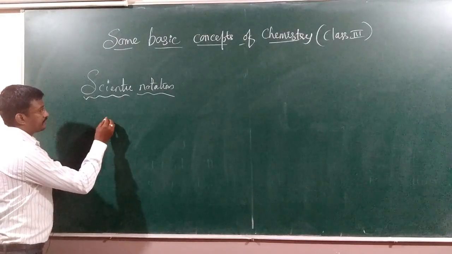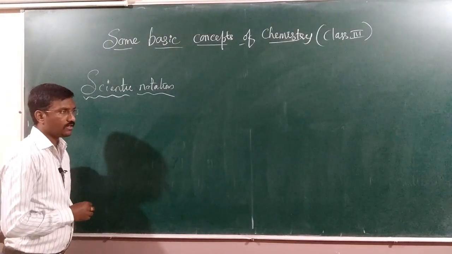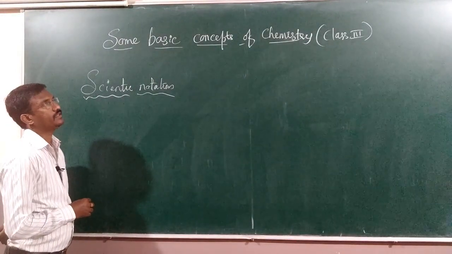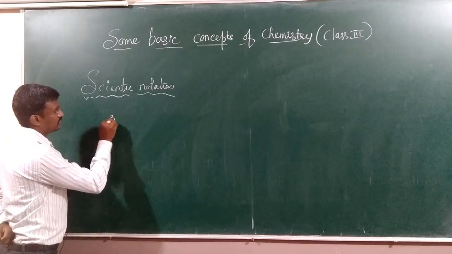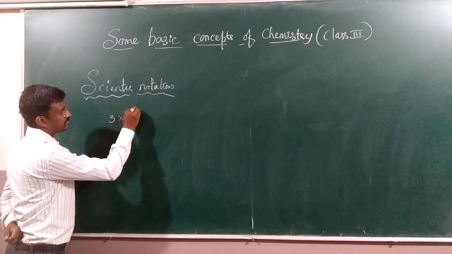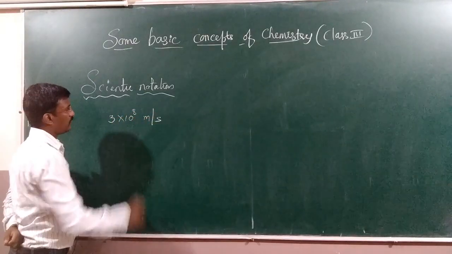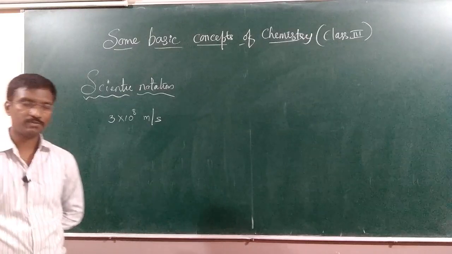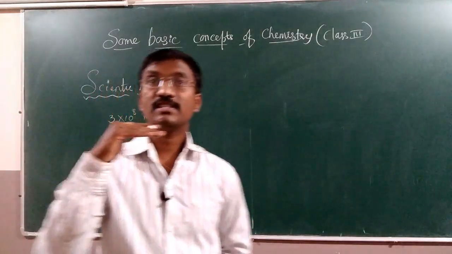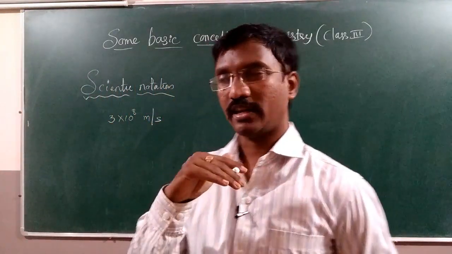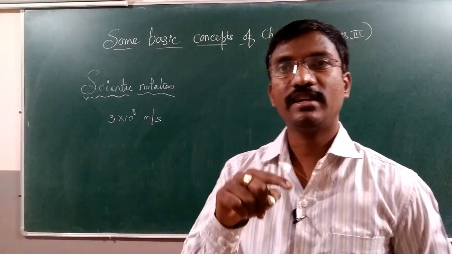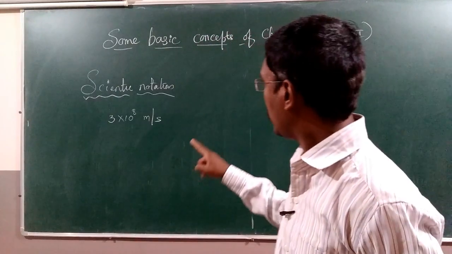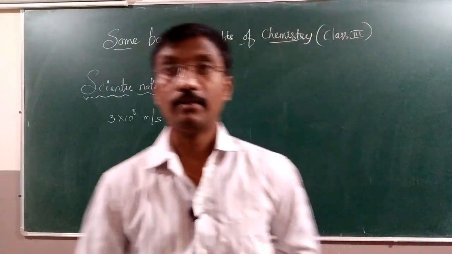Look here. We know that the speed of light can be written as 3 into 10 raised to 8 meter per second. I hope you are remembering this point. Per 1 second, the light travels nearly 3 into 10 raised to 8 meters.